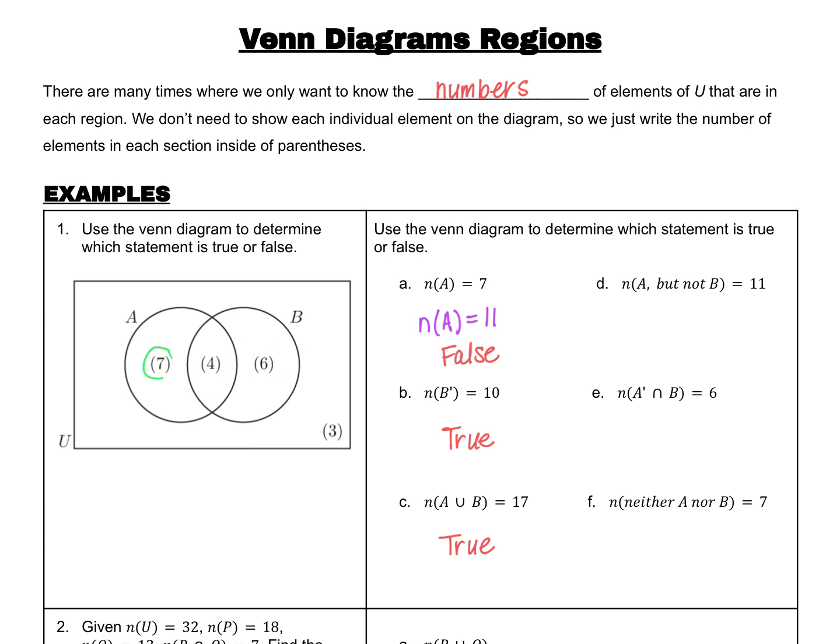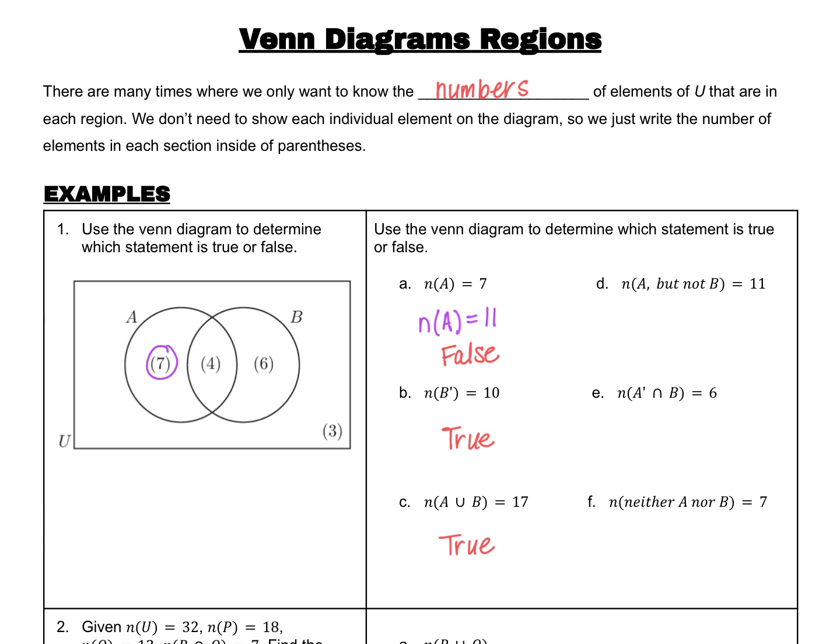In question D, it says that the number of elements in A but not B is 11. So I need to circle the elements that are in A, but they cannot be in B. As you can see here, I have 7 elements that are in A that are also not in B, or inside of the circle B. So that is false.